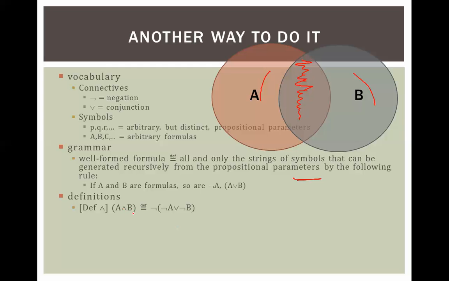So what they do is they start off with these guys as primitives. They're not going to say what they mean. They define these guys from the primitives, and based on that, you know what you're doing. You know what this means too.